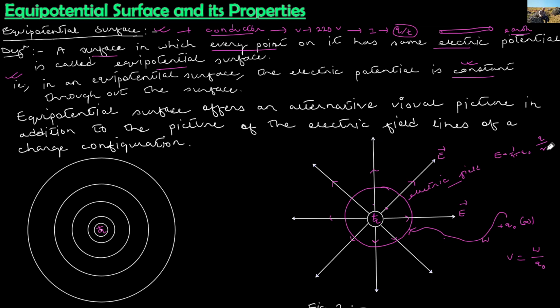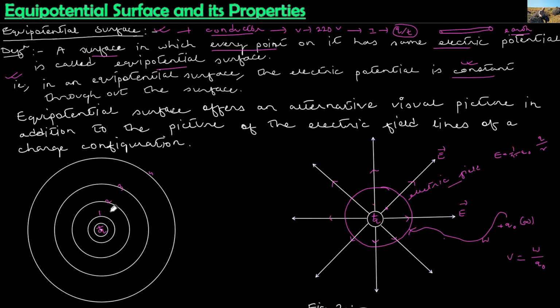When the distance is large, the electric field will be small, and when the distance is less, the electric field will be large. So all these spherical surfaces which are drawn surrounding this charge represent the equipotential surfaces, which are circular in nature and centered around this charge plus q.